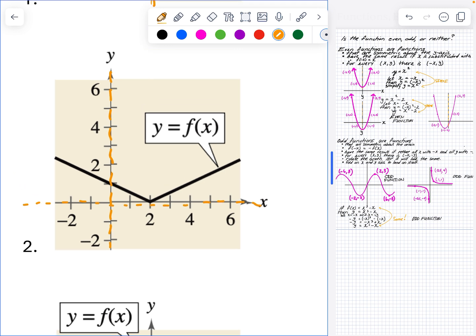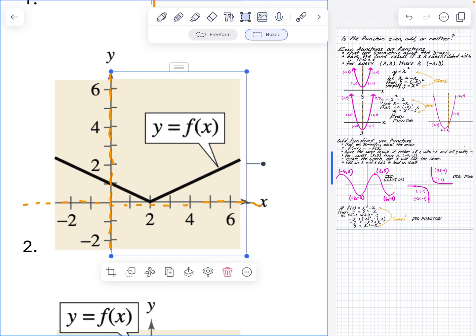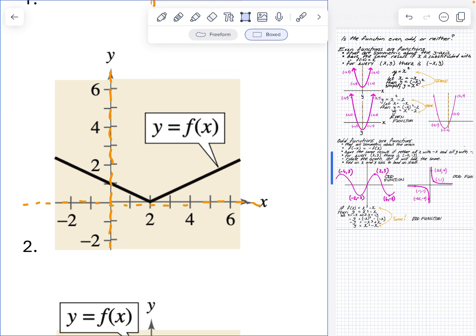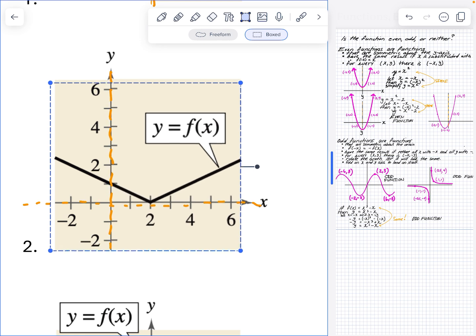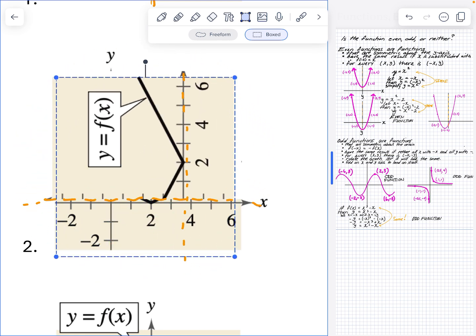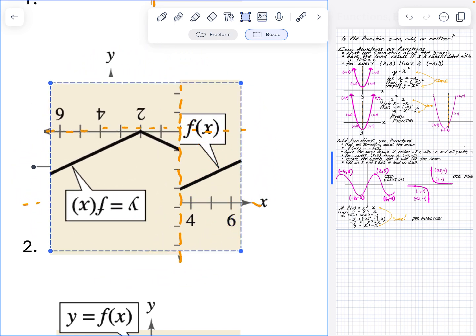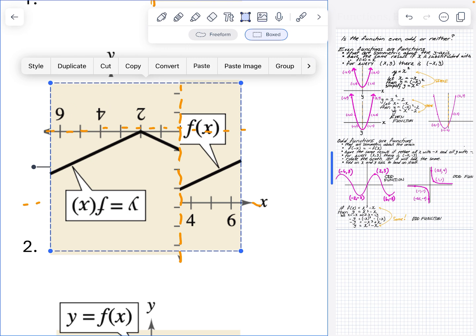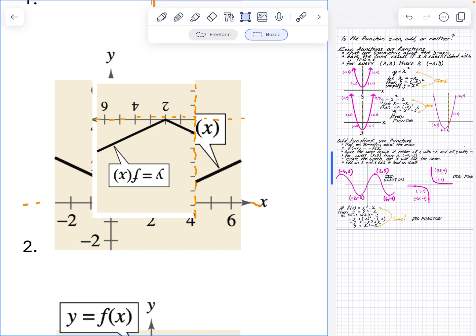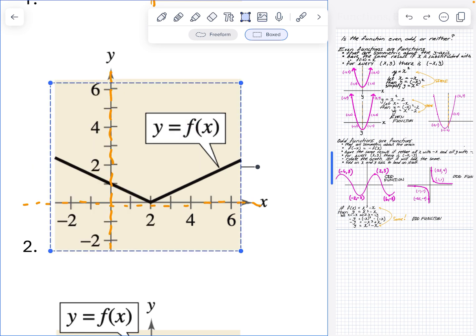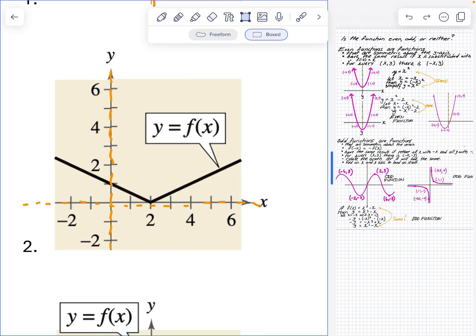Or the other way to think of that is if you took this picture right here and you turned it 180 degrees, do you get what you started with? And the answer is no, you do not. So turning it 180 degrees didn't put it back the way it was to start with. So this is neither. So this one we are going to say it is neither even nor odd.